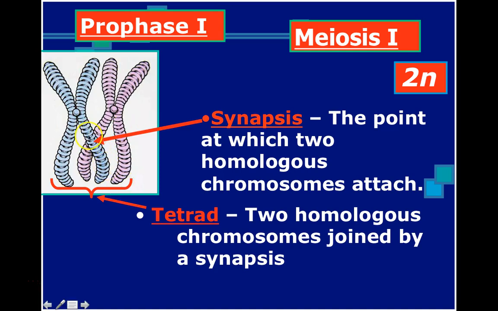So that's the point at which their chromatids overlap. And when that happens, they now form this portion right here, which would be 1, 2, 3. That's a tetrad, and the term tetrad associates with the number 4.